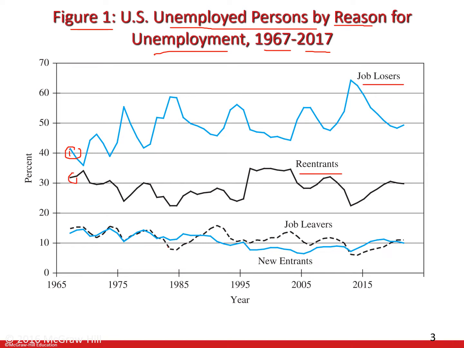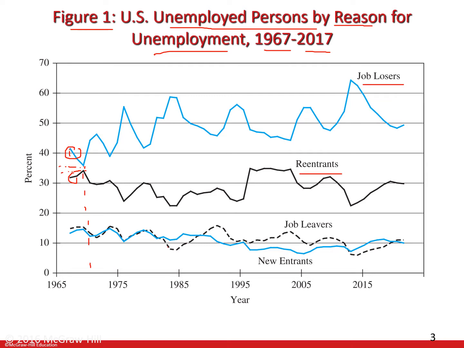The closest these two came was in 1970, where job losers were about 35% and reentrants about 33%, so a 2% gap there.